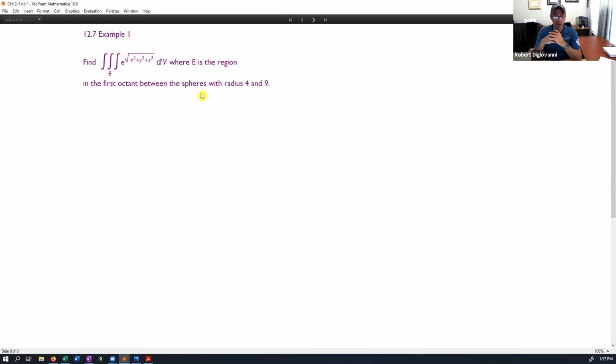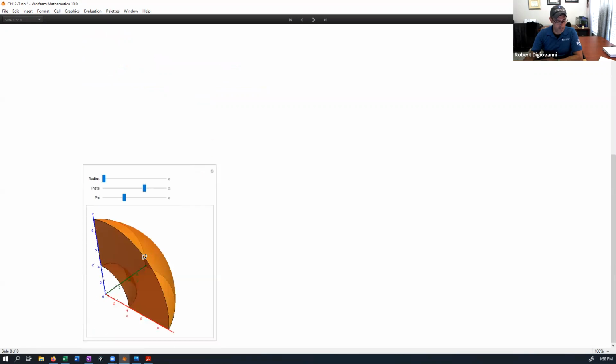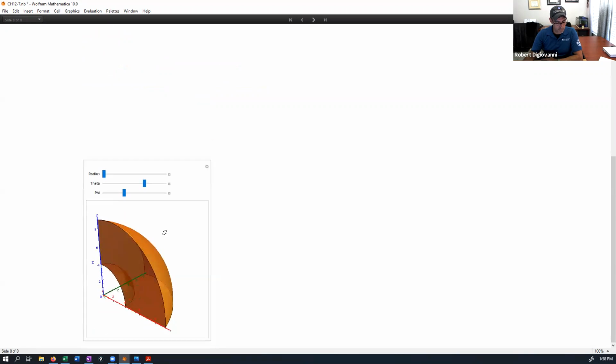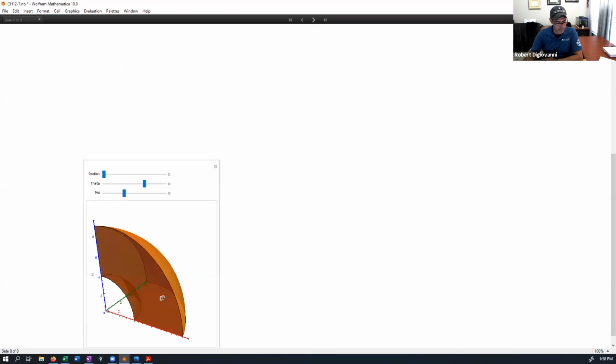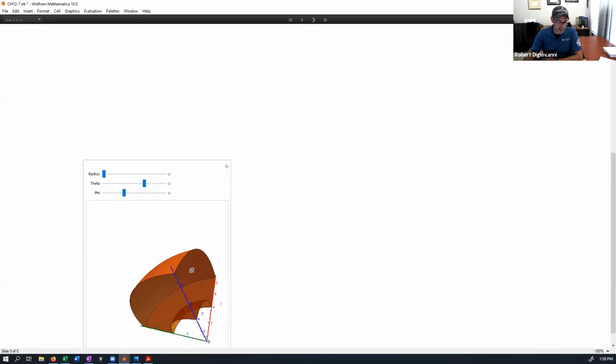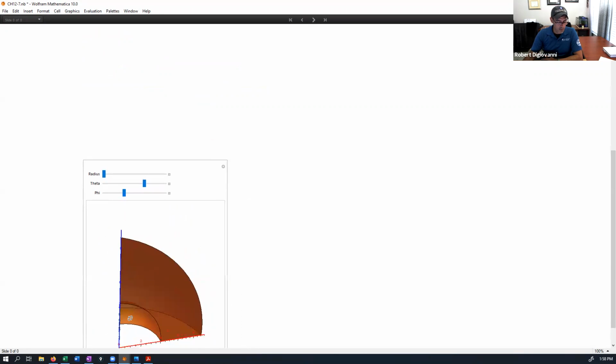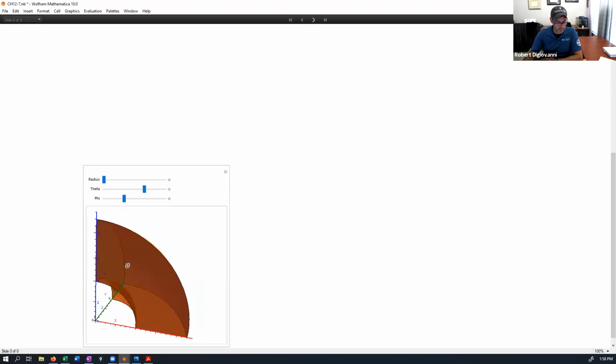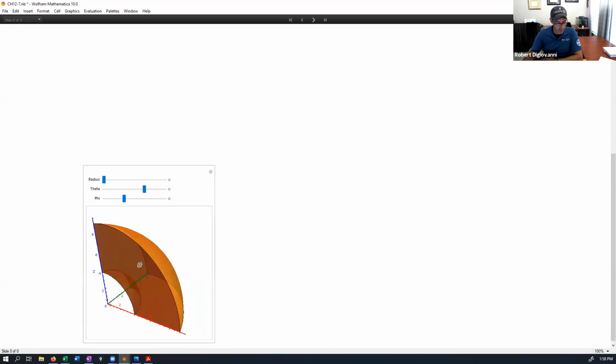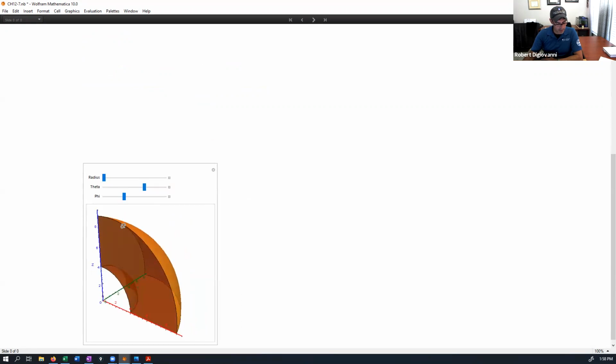And so we want the region that's in between those in the first octant, which looks like this. Okay. So that's kind of like a coconut, isn't it?